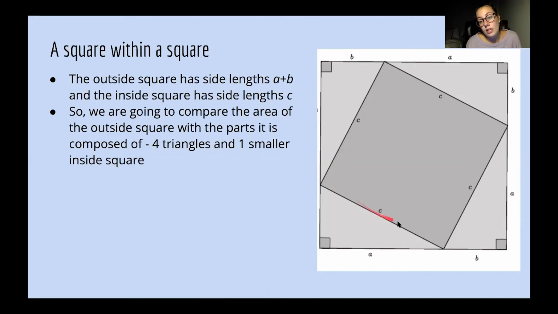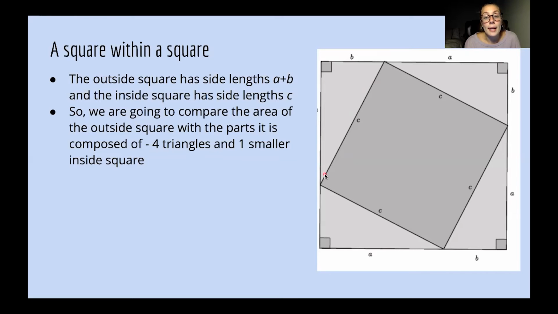The smaller one, side C, side C, side C, side C. And then for the big one, it's not just all B, this little part is B and this little part is A. So one side is A plus B.